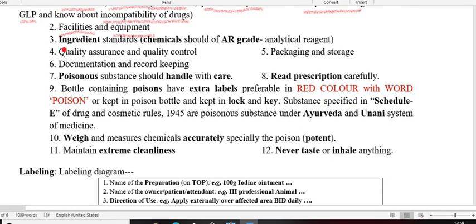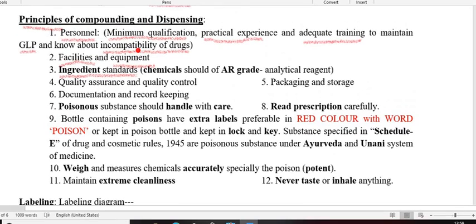Then we have to go through the ingredients. What it means: the chemicals, the items, the drugs that you are using. The ingredients should be well standard, not bad, but at least a standard, and that should be AR grade.